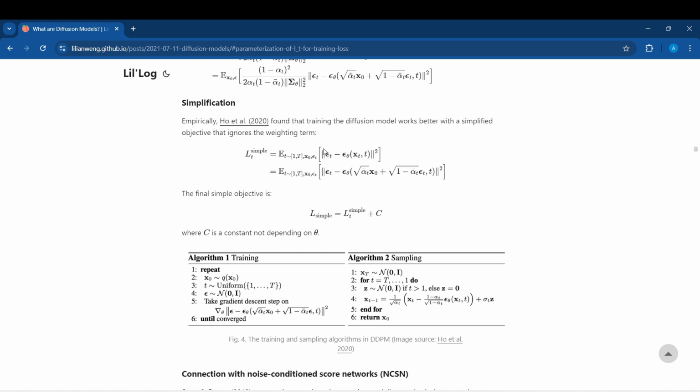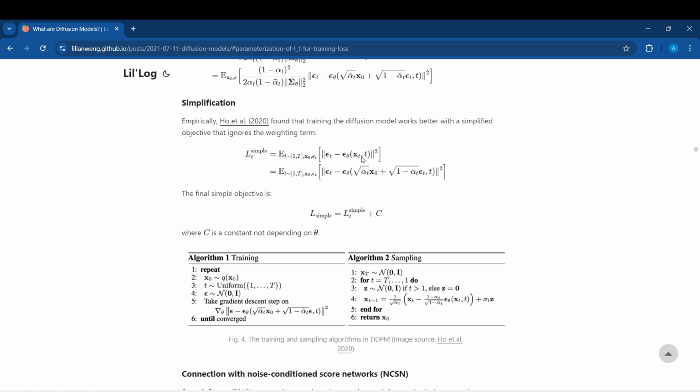What this loss is saying is: this is the real noise added at this time step. This epsilon t is the noise added at the real time step t when we are doing forward diffusion, and this is the noise predicted by the model when we give the noisy image and the time step t.